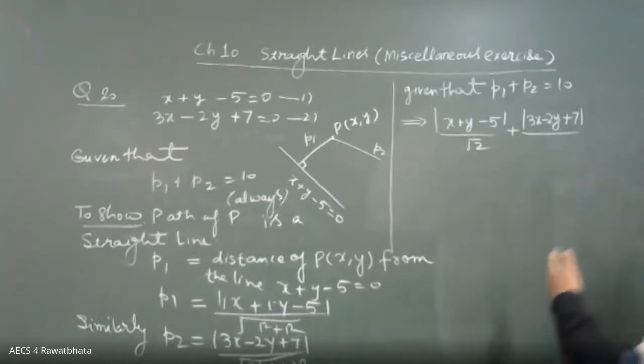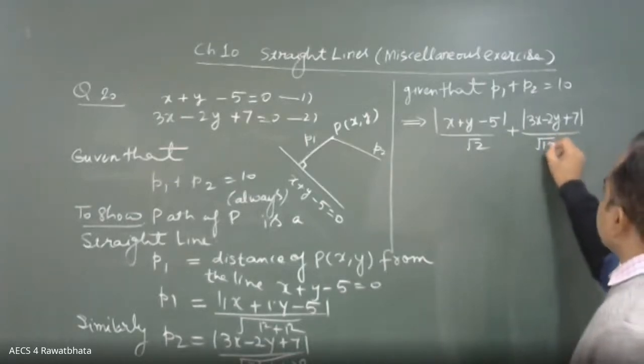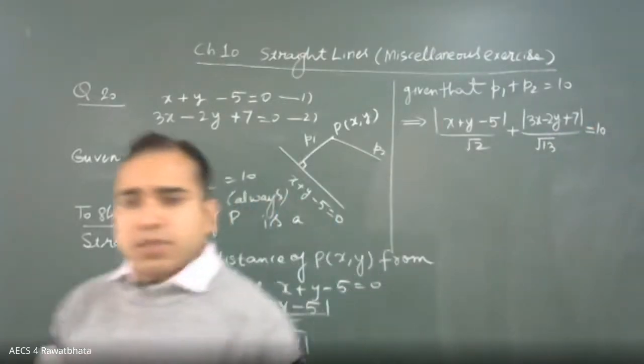Can you solve it and tell me this is how much? Root of 9 plus 4, 13. Root 13 is equal to 10. Students, what should we do next? Suggestion, please.